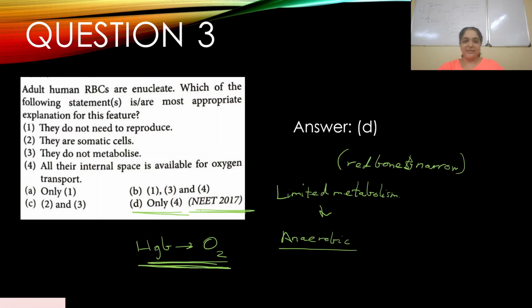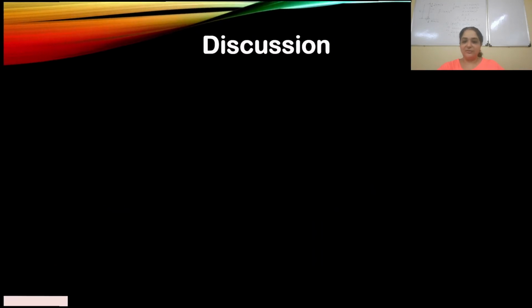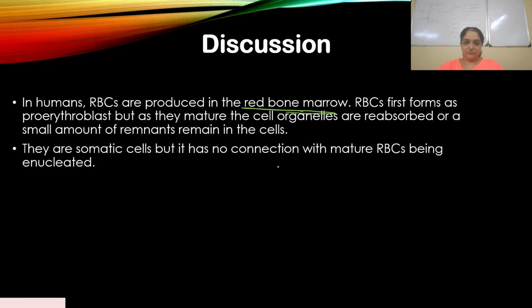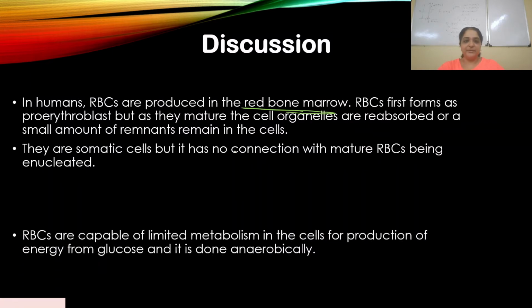Alright, so let's look at the explanation. I think I've explained it to you over here, but let's look at the explanation. So like I said, RBCs are produced in the red bone marrow, and they are first formed as proerythroblasts, but then as they mature, the cell organelles are reabsorbed or they remain as remnants in the cell. So they are somatic cells, but there is no connection with mature RBCs being enucleated.